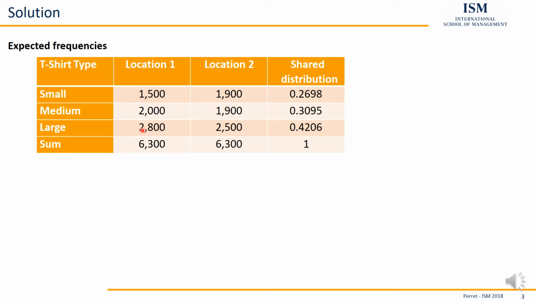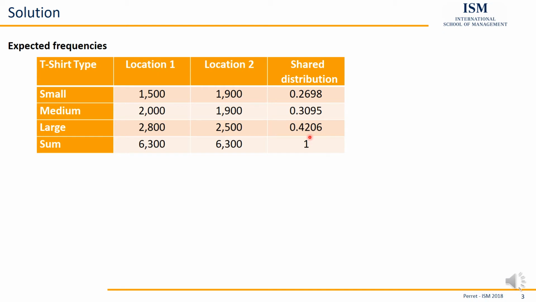For large we get 2,800 plus 2,500, so 5,300, again divided by 12,600, giving us a share of 0.4206. If we add up those shares, in this distribution, we will again get 1, so 100%.